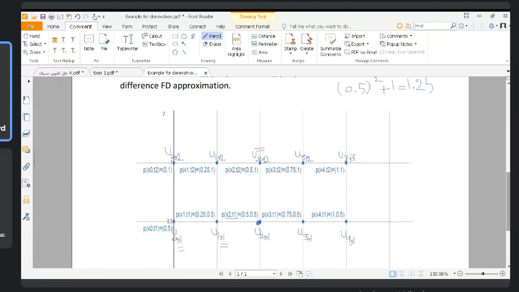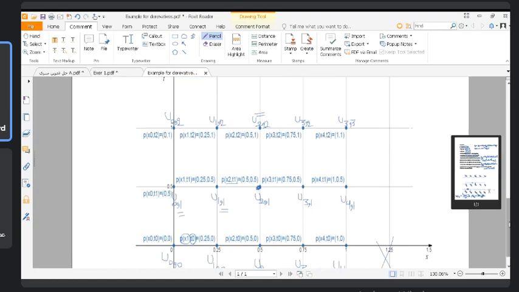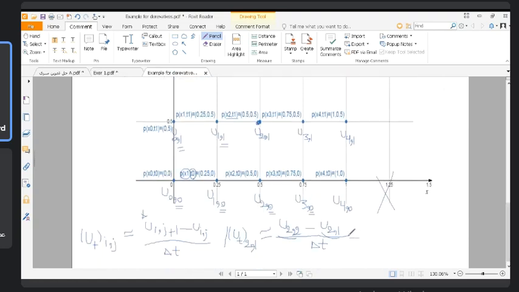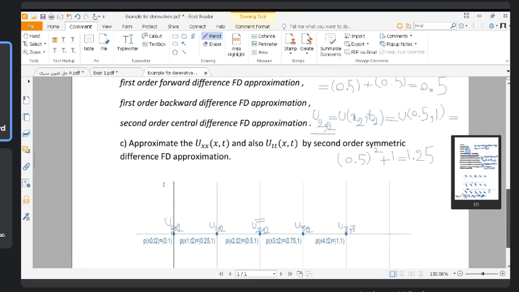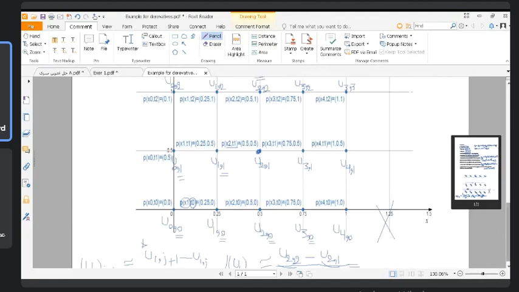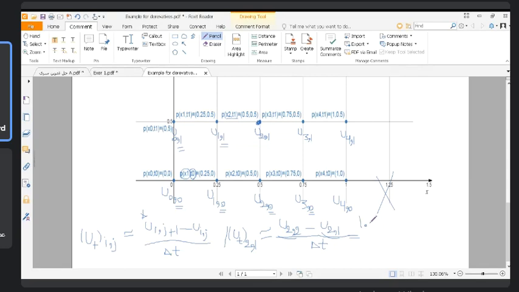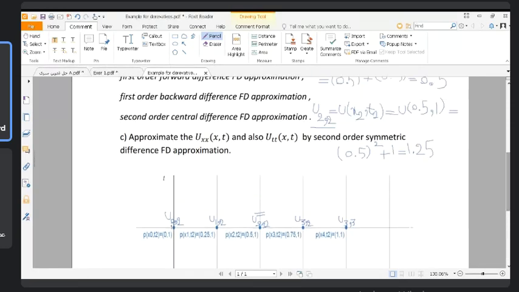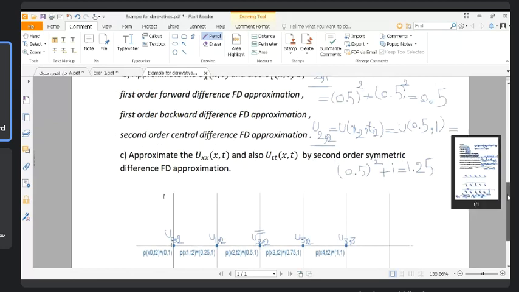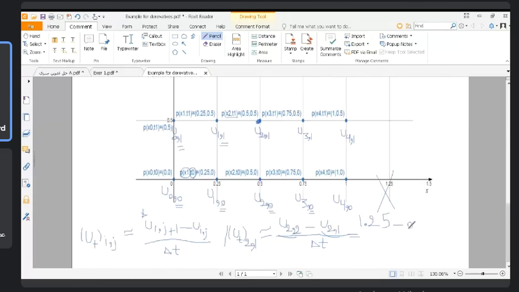Okay, we replace this value in this formula, and we have u22, 1.25, minus u21, 0.5, over delta t, which is 0.5.